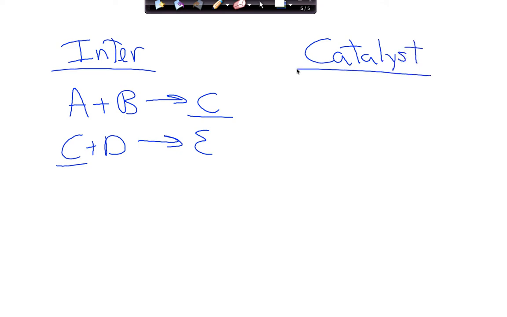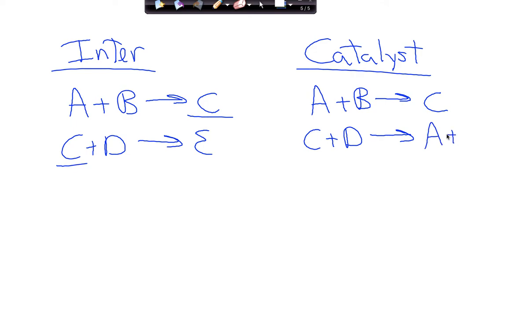So, how is a catalyst different? Well, it goes like this. A plus B yields C, and then C plus D yields A and E. We still have an intermediate. C is the intermediate. Who is the catalyst? A, because A goes in and then A comes back out.